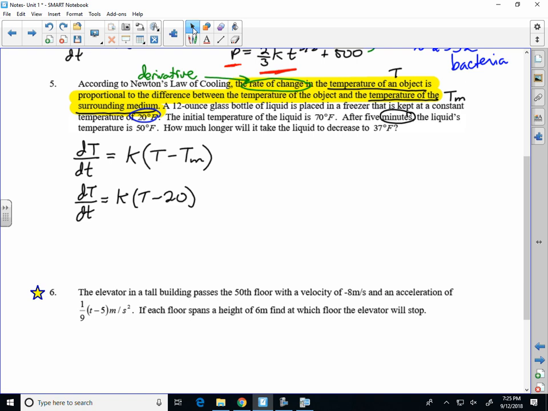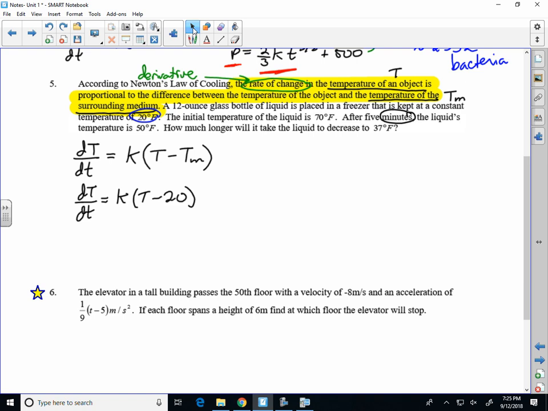The derivative of the temperature of an object, so capital T, because that's how we're defining it, has to be an implied relationship to time, even though it doesn't say it there, because they're asking us about time later on in the problem. So d capital T d lowercase t is equal to, because it's proportional, we follow the model kx. So I got my k.